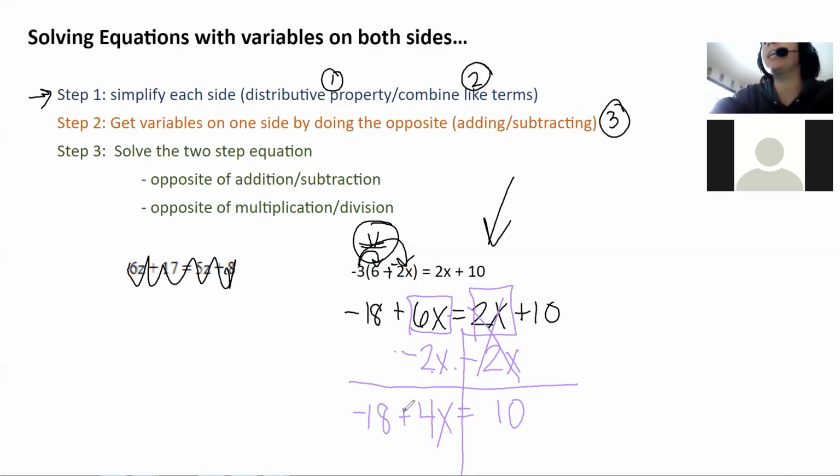So do you guys see how we do that next step there? We will talk about that more next week. But I just wanted to throw that out there. So we picked on the smaller one, the 2x, and we did the opposite. So we did subtract 2x because it was an addition.